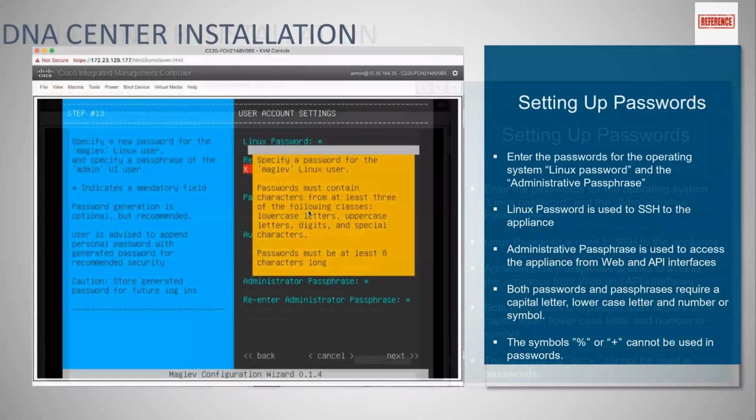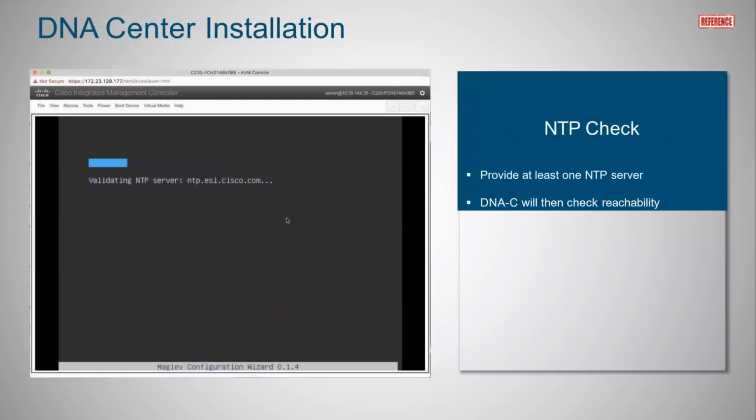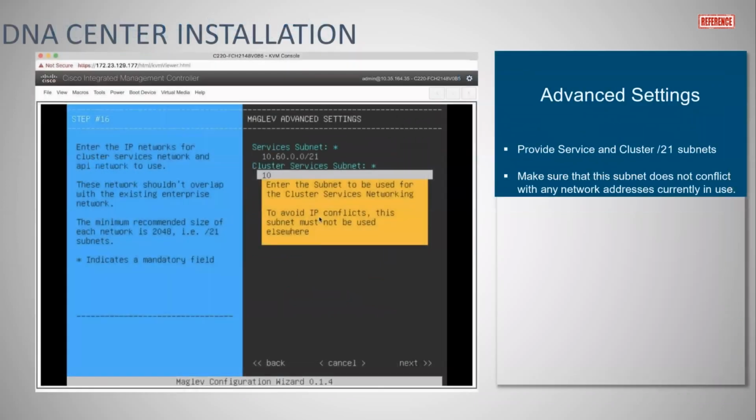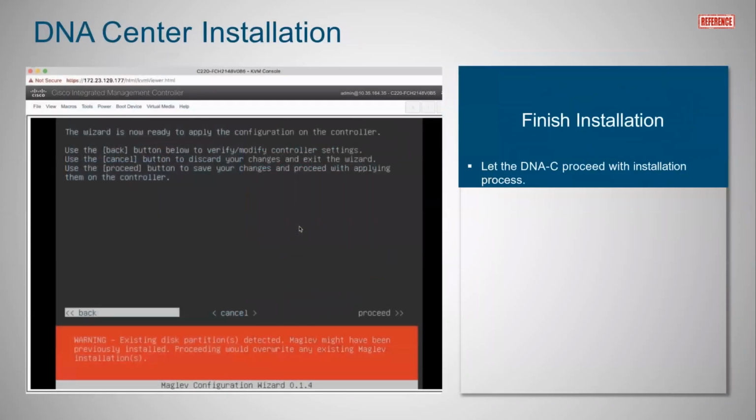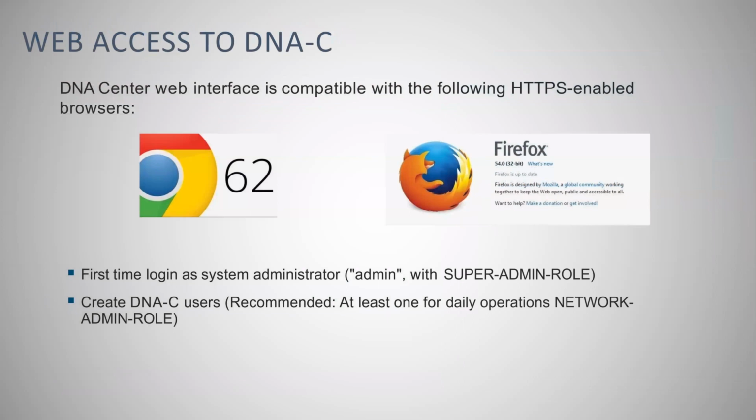Finally, it will ask you for a tough password for DNA GUI and DNA Maglev. The GUI password may be different, the Maglev password may be different. We should put different passwords for GUI and Maglev. So once you follow all these steps, click, click, click, your installation will get completed.